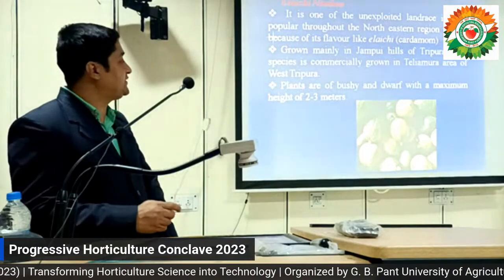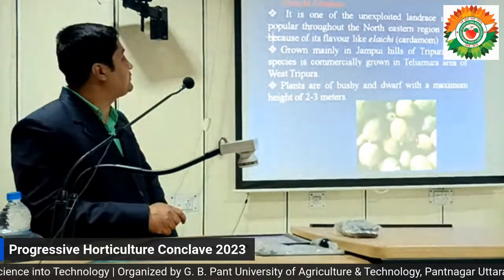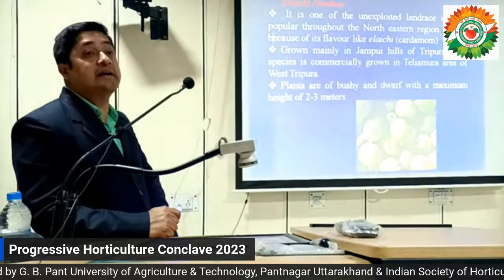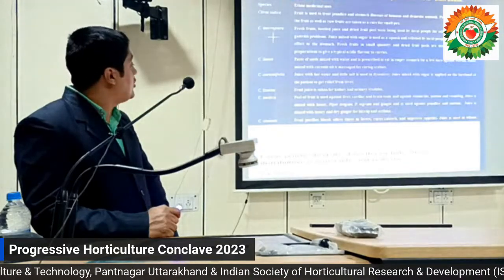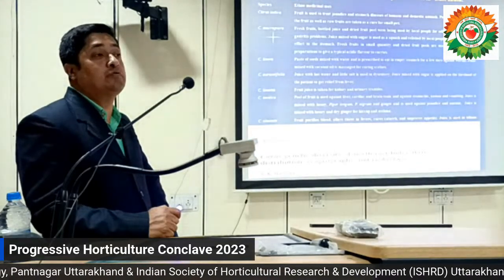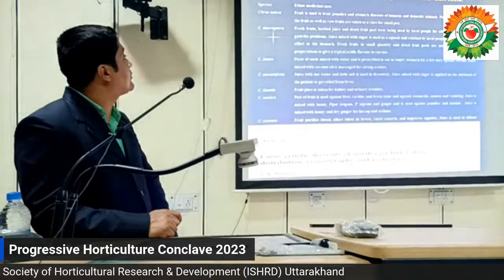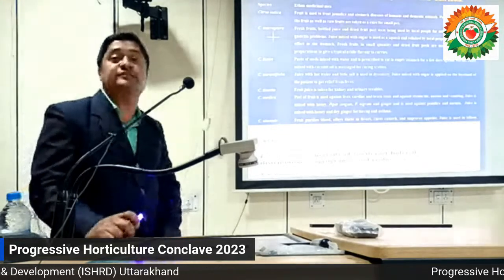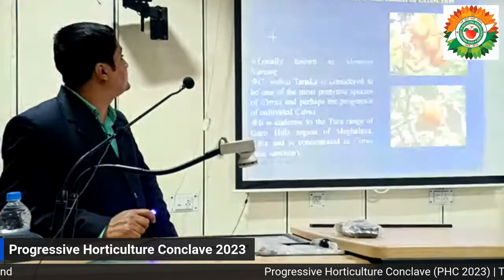Another particular species is Ilasi nimbu, which is very famous for its flavor just like that of cardamom. That's why it is known as Ilasi nimbu. All other citrus species have been found to have different ethnomedicinal properties, and the local people use these citrus species in one form or another for different types of medicine.